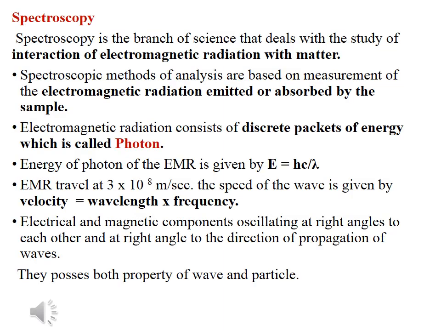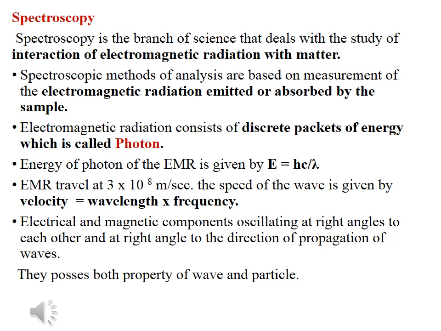First, we will understand what is spectroscopy. Whenever any matter is subjected to electromagnetic radiation, there is an interaction between matter and the radiation. Due to that, the spectra will be observed, and this study is called spectroscopy.